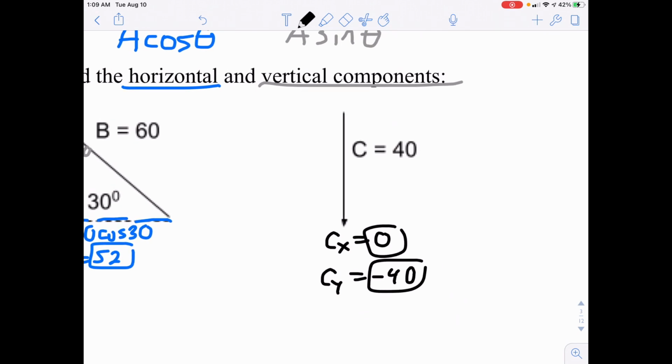There's another way we can reason it out. Theta, if we looked at the actual angle, could be taken from 0 degrees here, and the entire angle there is 270 degrees.